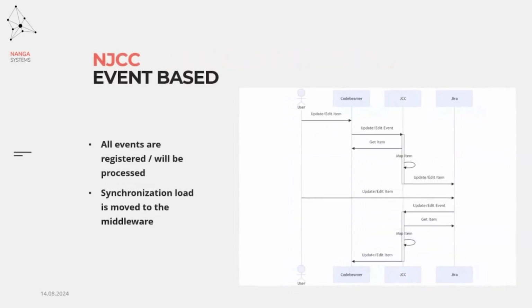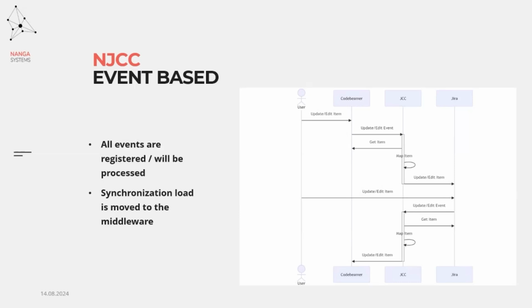The Jira Codebeamer connector from Nanga is event-based. So this means all events are registered and will be processed. When the user edits an item, the plugin in Codebeamer just sends an update or edit event to the middleware, and there the further processing is done.